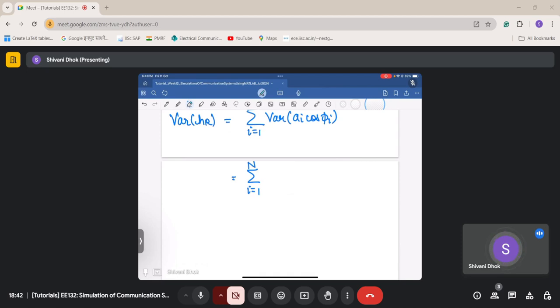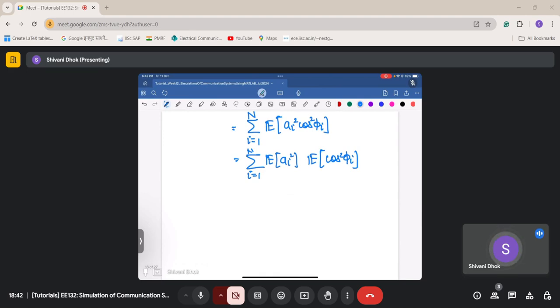Okay, so this is equal to expectation of ai square into cos square phi i. This is equal to summation i equal to 1 to n. Again, we have expectation of ai square into expectation of cos square phi i. This is because again they are independent, ai and cos phi i.